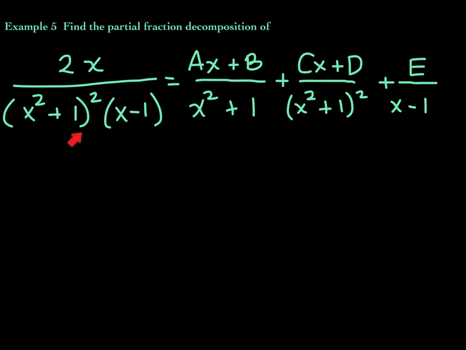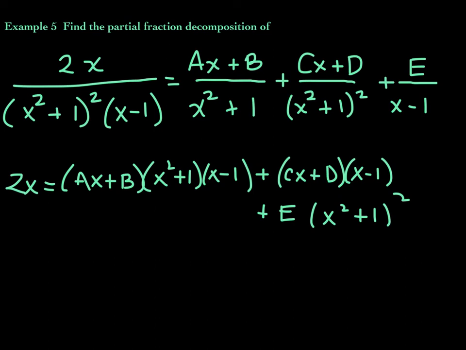When you do so, you're left with just 2x on the left-hand side, but you're left with a whole lot on the right. The right-hand side is ax plus b times x squared plus 1 times x minus 1, plus cx plus d times x minus 1, plus e times x squared plus 1 quantity squared. Now, this is a lot, isn't it? So bear with me.